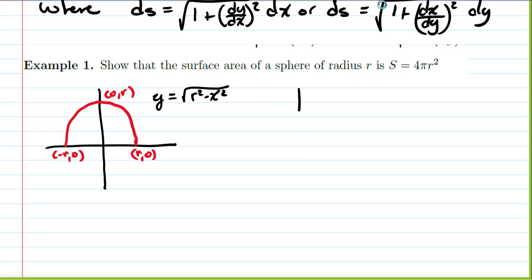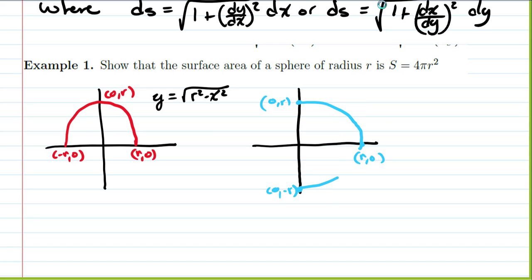There is another option that we have as well. If we use a couple of the same points, so we have (0, r), but then we also have (0, negative r), and the point (r, 0). Well, what if we have something that looks like this? If we rotate this about y, that would create a sphere. And if we rotate this about x, it would create a sphere, right?